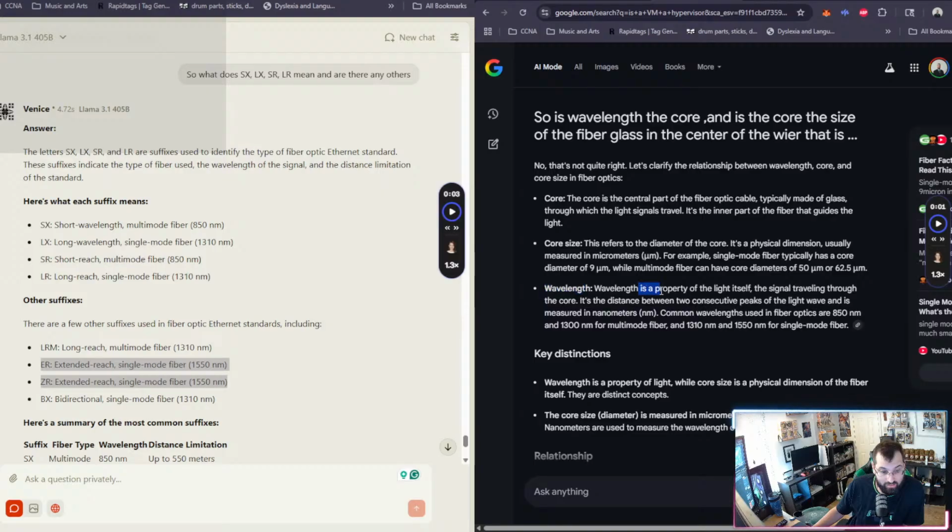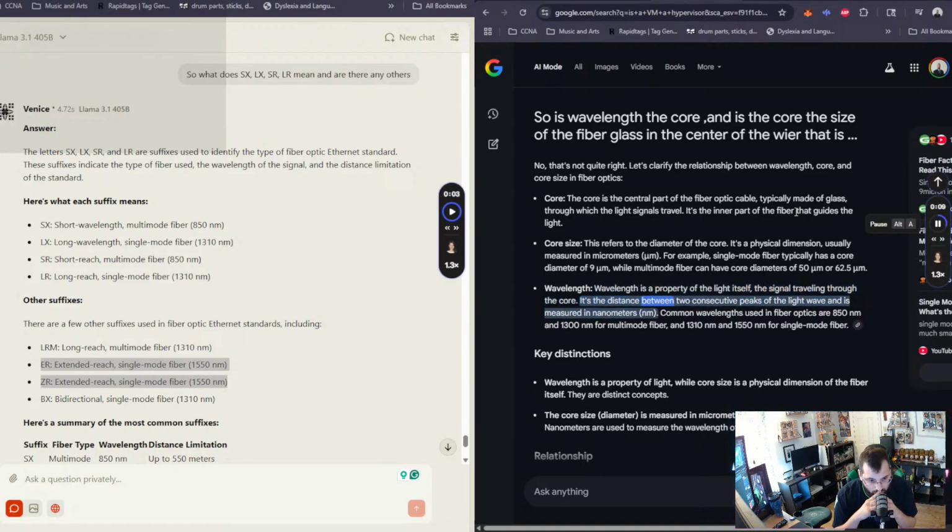Wavelength. Wavelength is a property of the light itself, the signal traveling through the core.